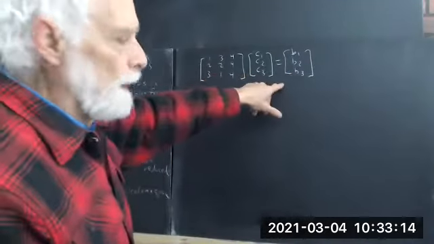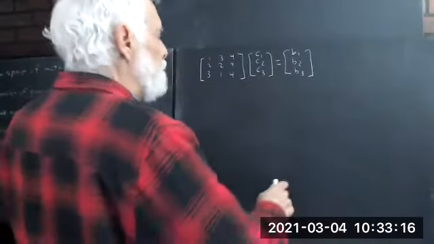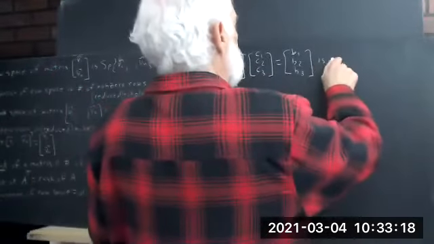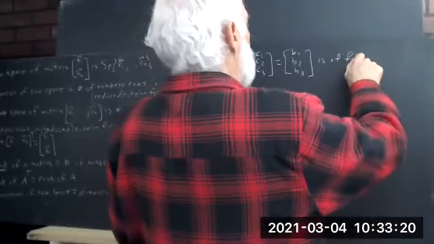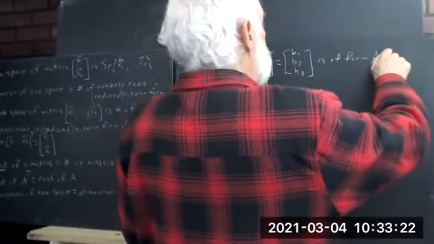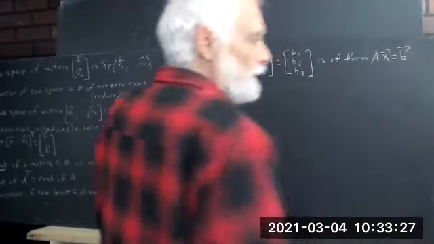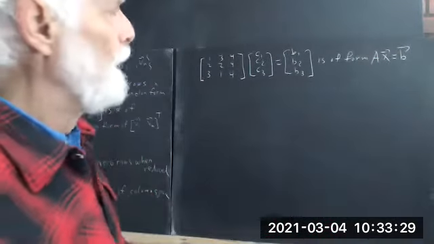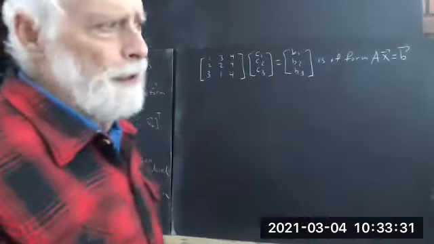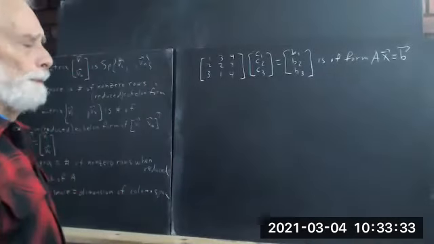Okay, this equation is of the familiar form, and I sincerely hope it's the very familiar form to you now, that of the form AX equals B.